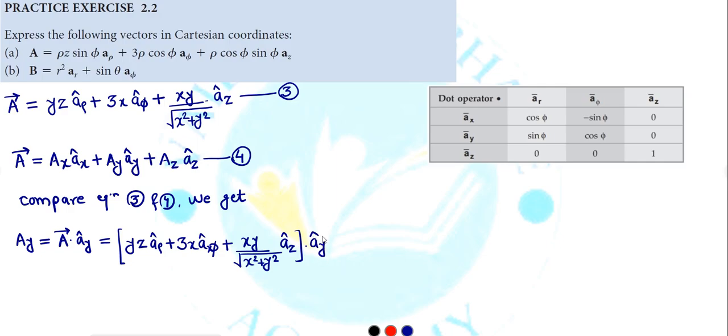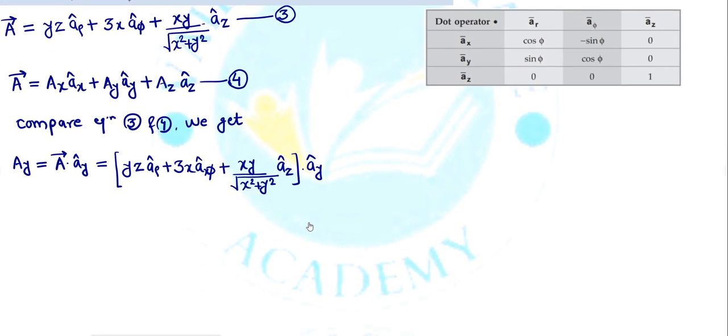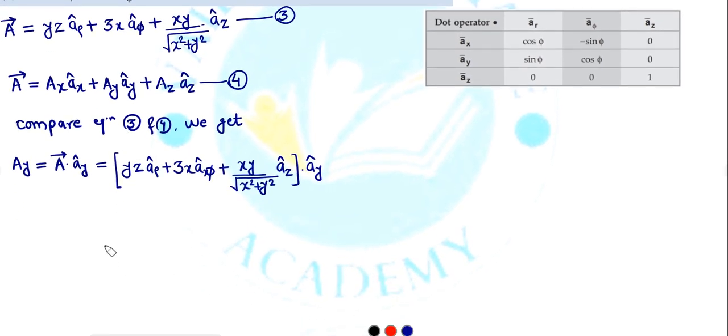Again, make use of this transformation table as we have used earlier in order to get the dot product in between these two values. So we have that yz as it is for now, the dot product in between that arrow and ay.